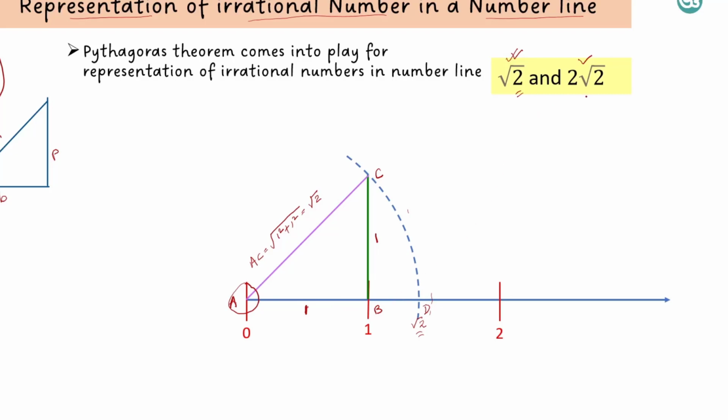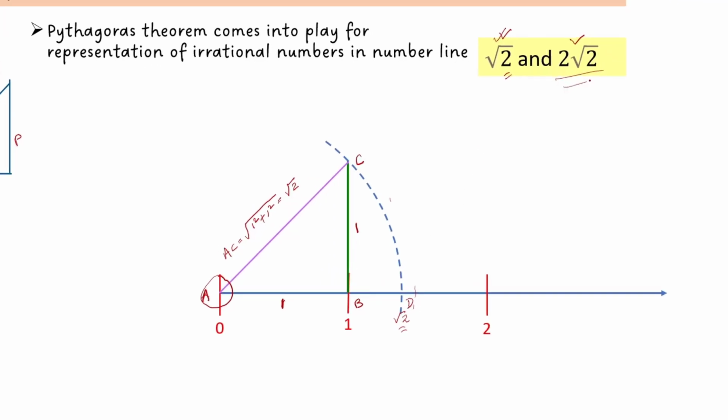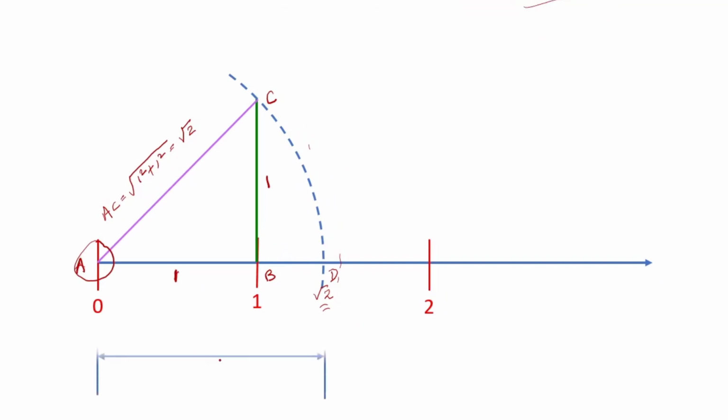Now how can we represent 2 root 2 in the number line? You see, this length is root 2. So we can take the same length from point D. Now if we take D as the center and draw another arc with OD as the radius, then we will get the point E. This is point E. So this distance DE is also root 2.